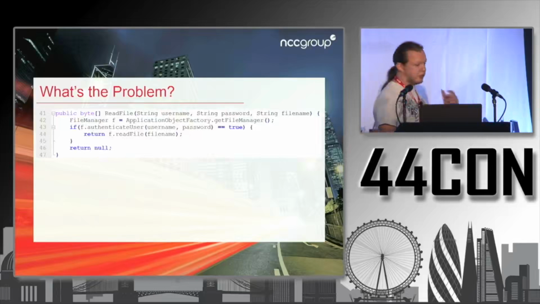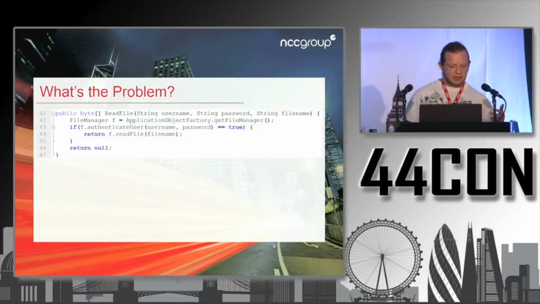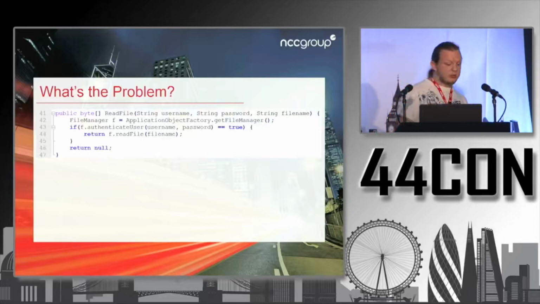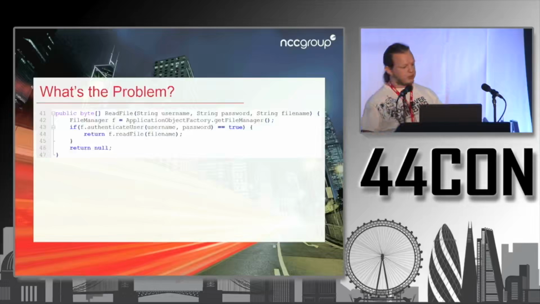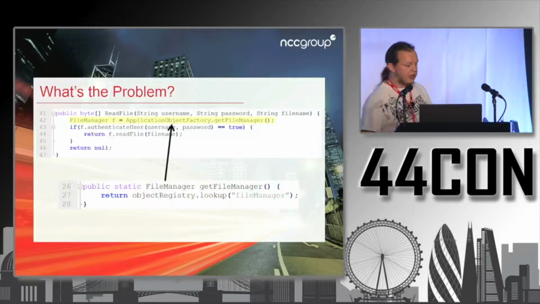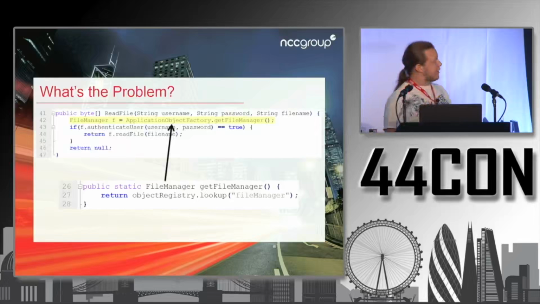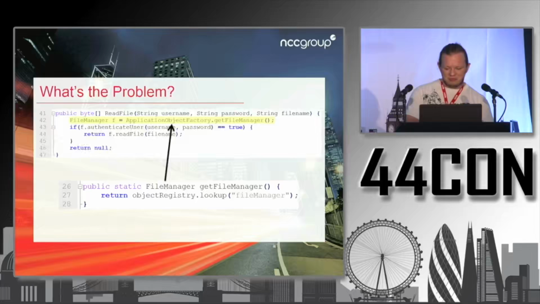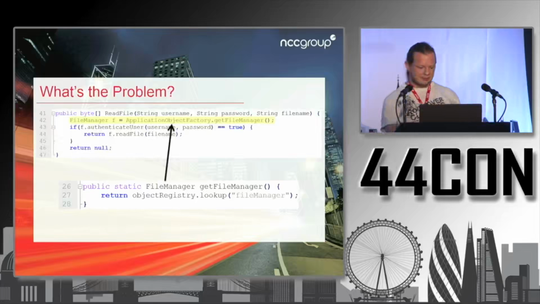It then calls the authenticate user method to check if that username and password are a valid user. If that returns true, then it returns the result of the read file method for that file name.